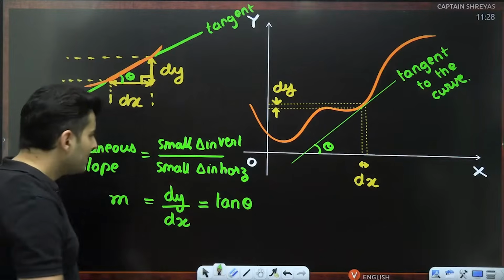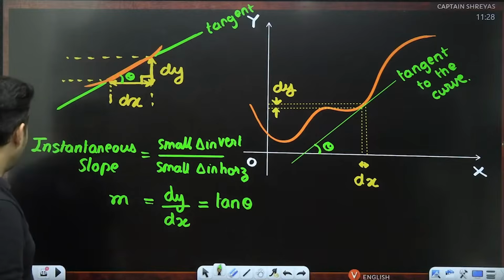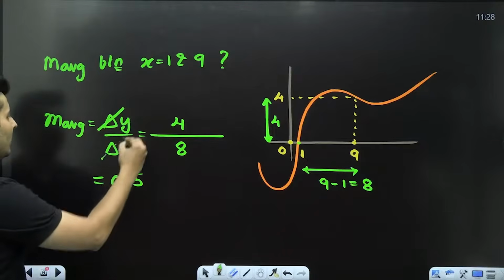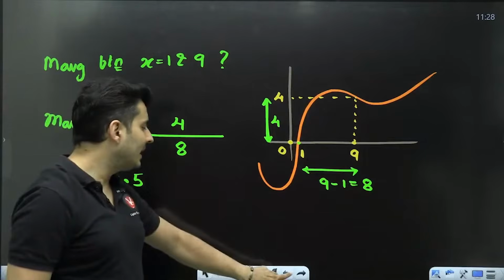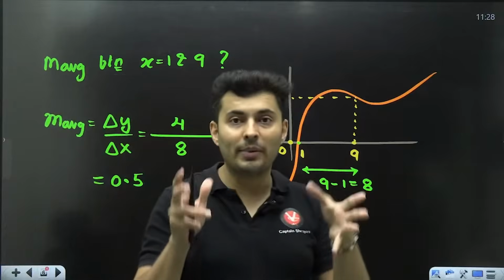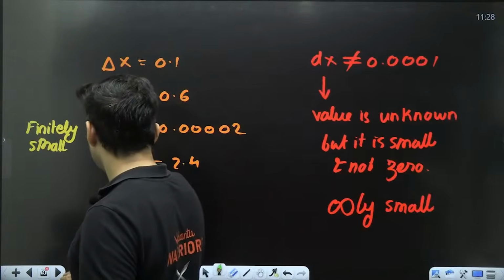You might be wondering, sir, can I cancel this d and d? Very good, nice thought. Then tell me, why did you not cancel delta over here? The reason is delta is not a variable. Delta is a function, an operator. Otherwise you will do all random things in life.